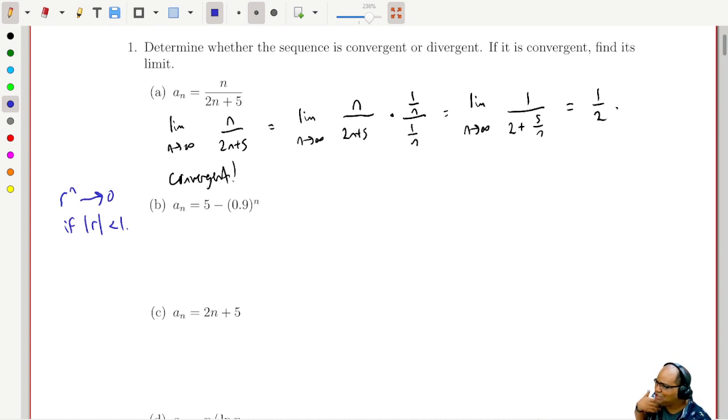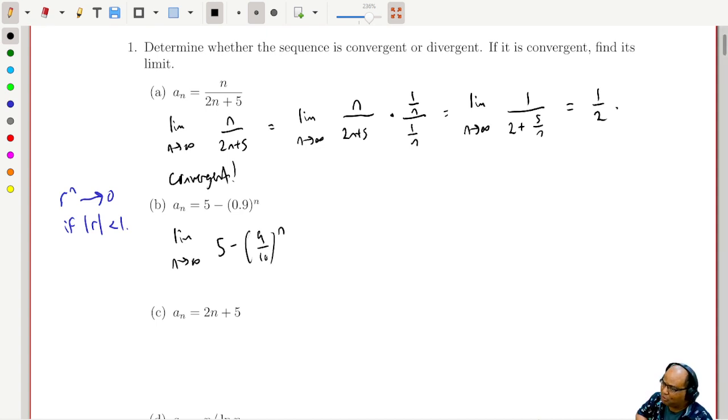Remember when we talked about geometric series? That was our notion of convergence of the geometric series. It's the same notion of convergence for a geometric sequence as well. We can see that if we write this in a particular way: instead of 0.9 to the n, let's write this as 9/10 to the n.